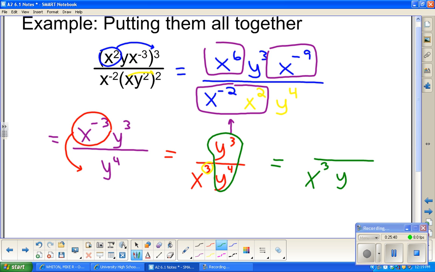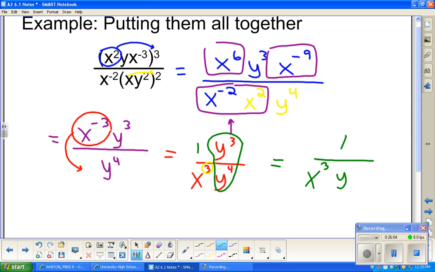So that's another little trick when you have these fractions: ask where there are more. It needs to be a 1 up there. We can't put a 0 up here, because if you cancel everything out, there's still a 1 up there. So it's 1 over x cubed y. That's the final answer.